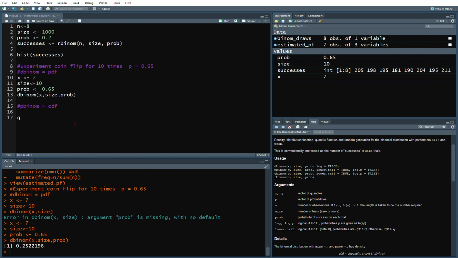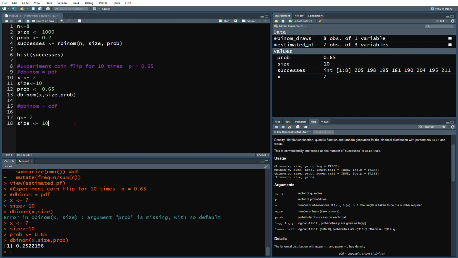Q is x here, where x is now 7. The quantile is 7, and size is 10, and the probability of success is the same as above.